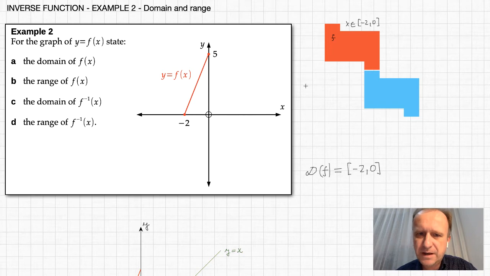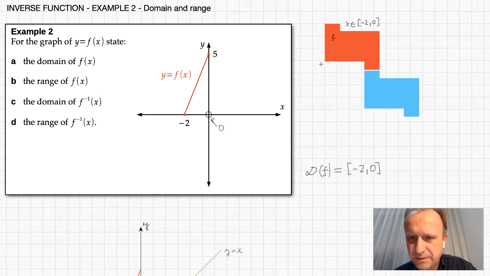and what we get at the output is the set of all numbers which form the range of this function. If you observe this graph, you see that for -2 we get the smallest output, and it's 0 actually, and for 0 we get the largest output, which is 5.